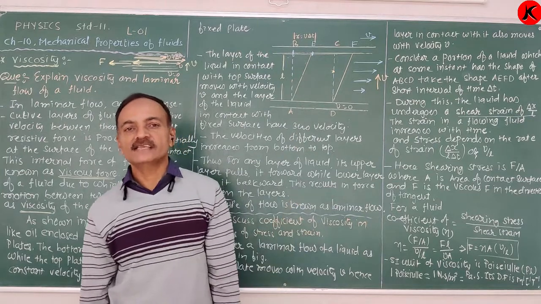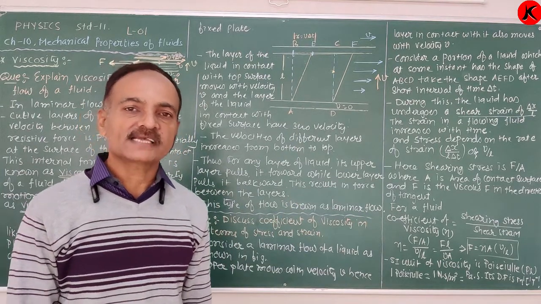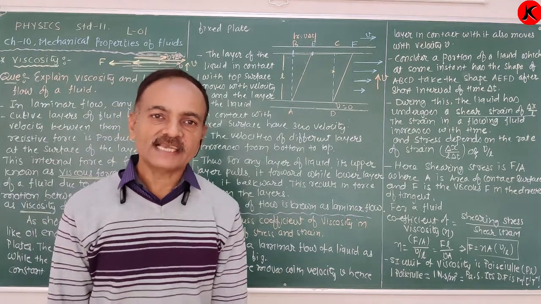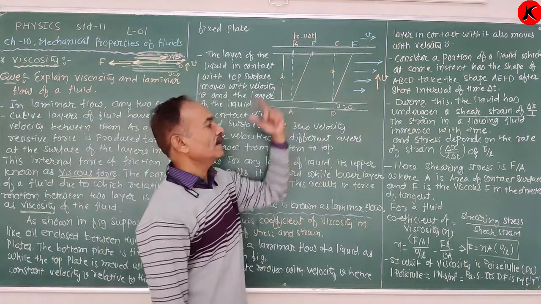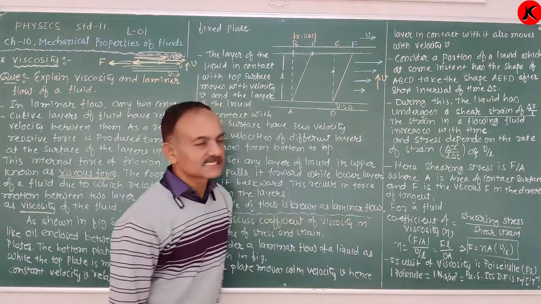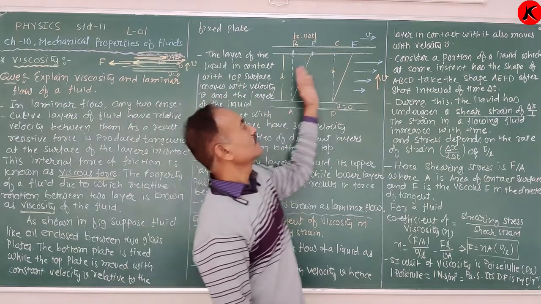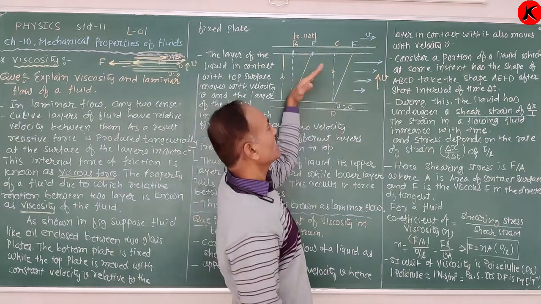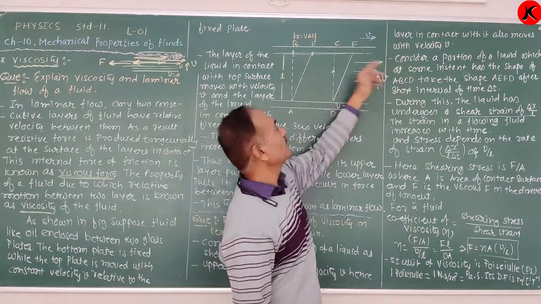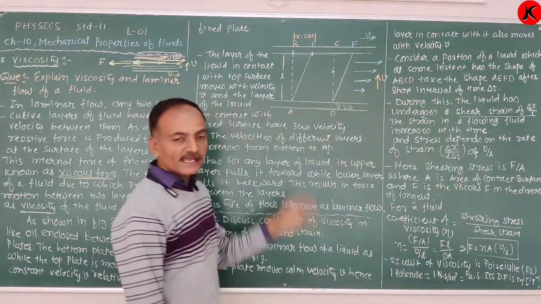Already we discussed in the properties of solids when we defined the shear strain: strain is equal to delta x upon L. The strain in a flowing fluid increases with time. As time increases, the shape shifts this way, so delta x increases and the strain also increases.